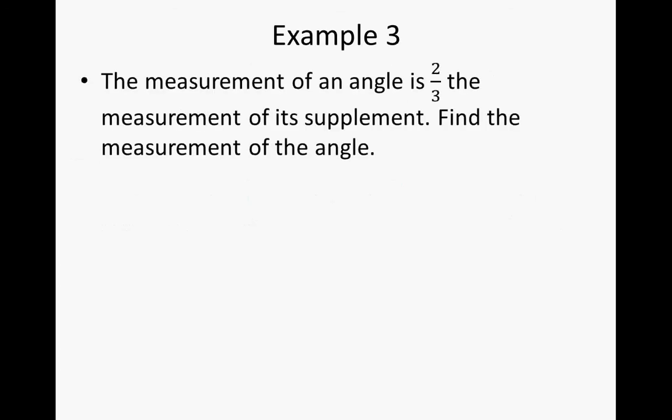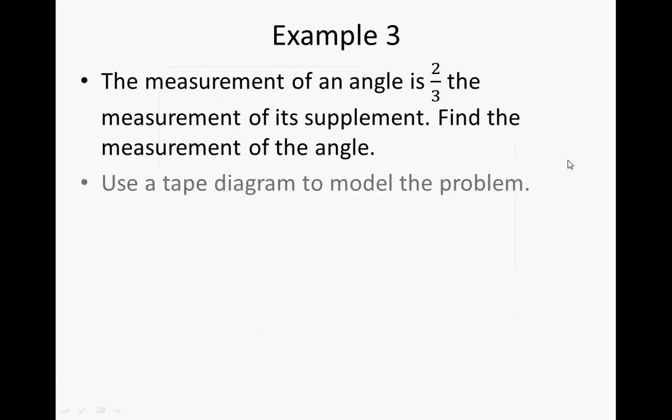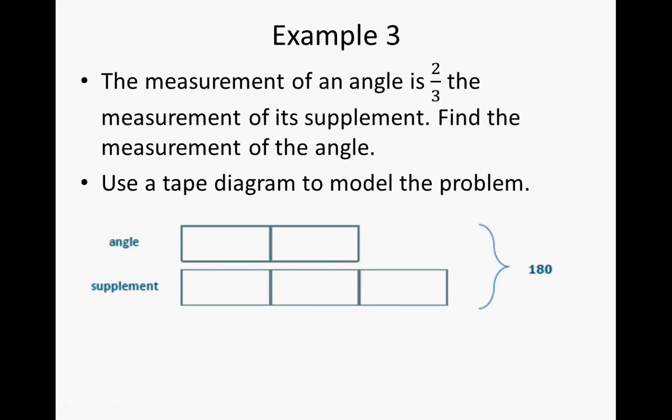All right, example 3. The measurement of an angle is 2/3 the measurement of its supplement. Find the measurement of the angle. I'm going to use a tape diagram to model this problem. If it's 2/3, then the supplement is divided into 3 parts. We don't know what size these parts are, but the angle we're talking about is 2/3 of that.